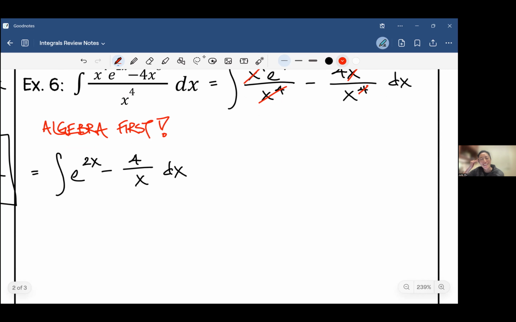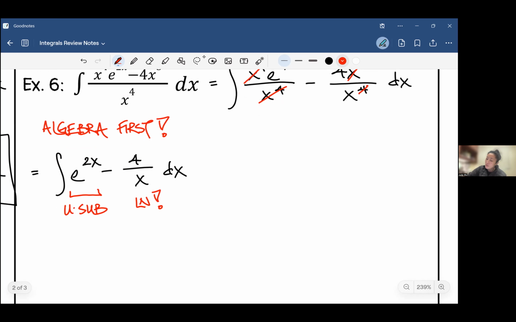All right. Now, it isn't that I love natural log so much, but I just really want to drive home a point that we can't use power rule whenever we have just a power of 1. So we are going to need natural log for the 4 over x integral, but we are going to need our friend u sub for the very first time today in that first part.